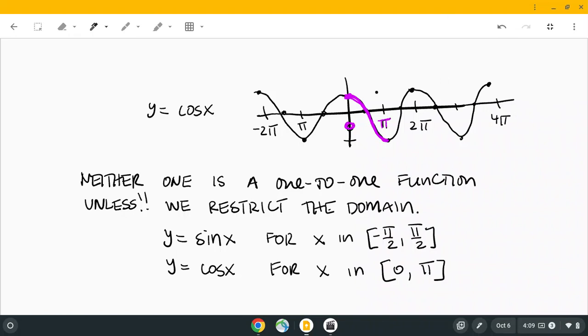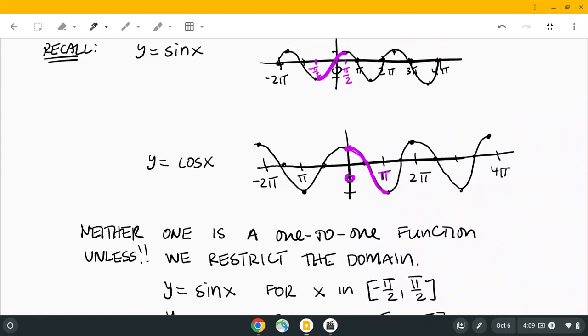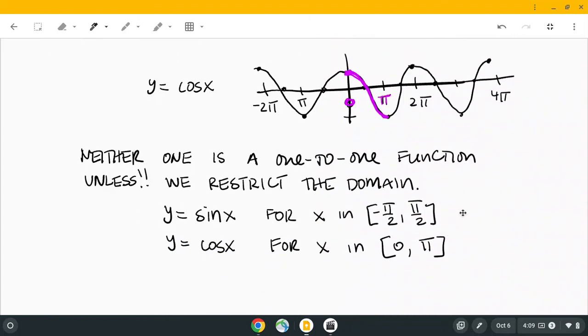We see here cosine will be restricted to this piece of graph, which makes it one-to-one, and this piece goes from 0 to pi. And the sine graph is restricted to just this piece right here, from -pi/2 to pi/2. So that's what we're seeing right over here.